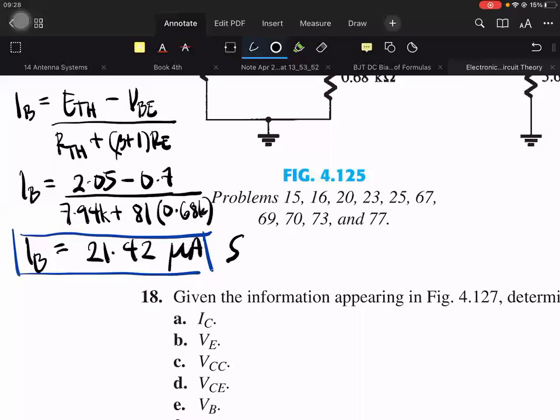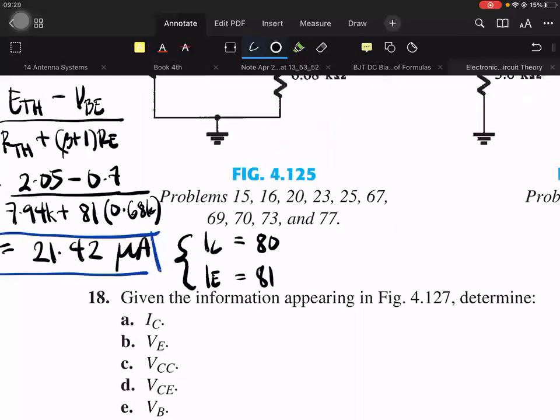Out of this, we solve for IC and IE. 80, which is beta, times 21.42 micro, and 81 times 21.42 micro. So IC is equal to 1.71 milliamperes.